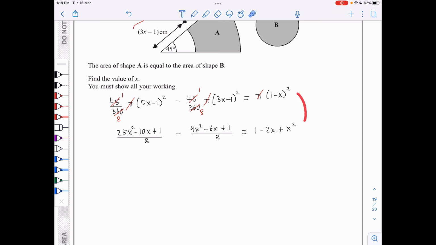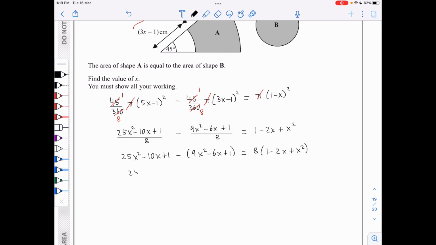I'm just expanding things here. And then I want to get rid of the over 8 to avoid dealing with fractions. I'll multiply everything by 8. So 25x squared minus 10x plus 1 minus brackets 9x squared minus 6x plus 1 close brackets is 8 times 1 minus 2x plus x squared.